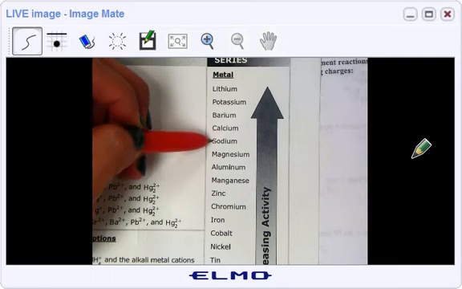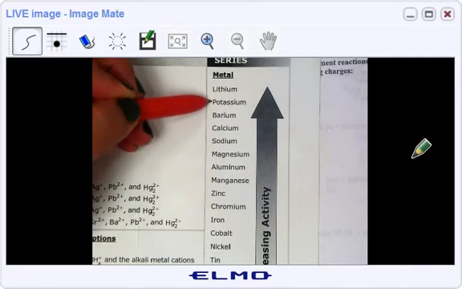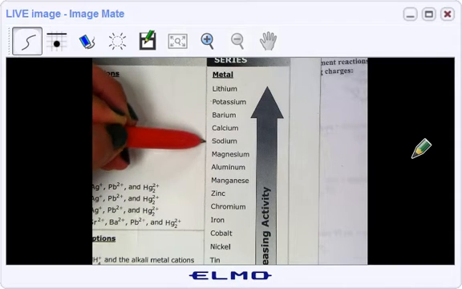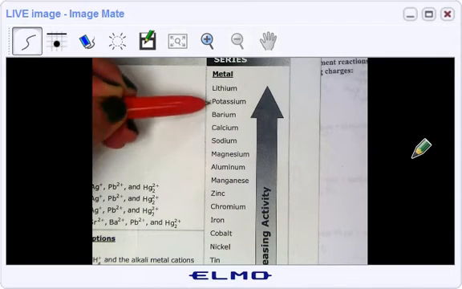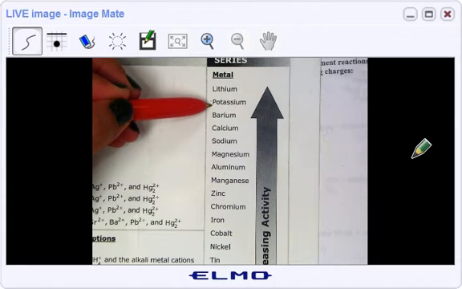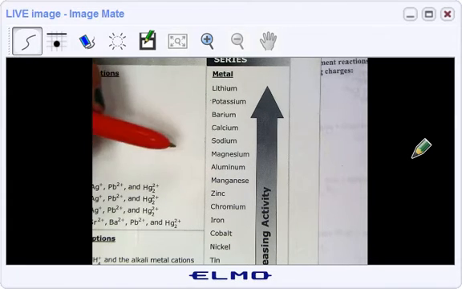So can sodium replace potassium? No, it can't, because potassium is higher on the activity series. So you would write no reaction because no reaction would occur.